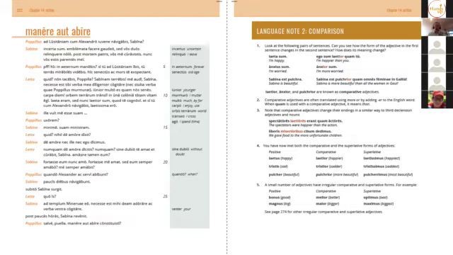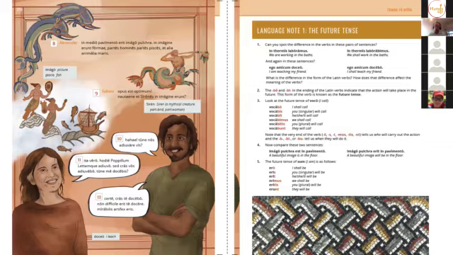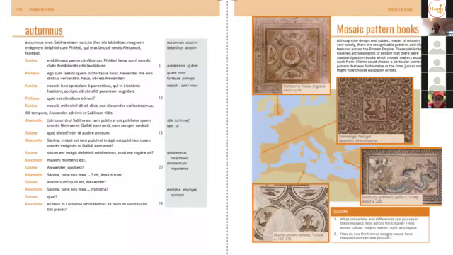So with that in mind, future and comparison, let's just have a little flick through chapter 14 to get the overall picture. It's set in southern Gaul, in Arles, and we're looking at mosaic making. So this is the chapter as a whole, just so you can see how the stories and the sieve interleave.